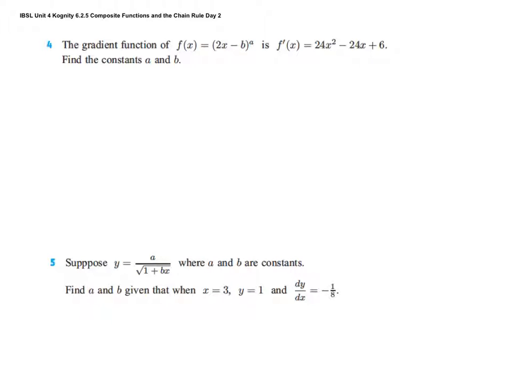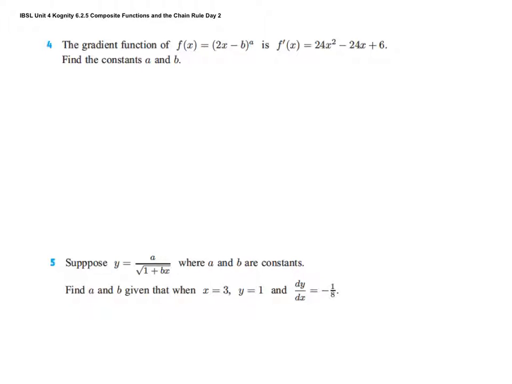Let's do 4 together, and then you guys can do number 5 in your groups, okay? So it says the gradient function of f of x equals 2x minus b to the a power is f prime of x equals 24x squared minus 24x plus 6. Find the constants a and b.